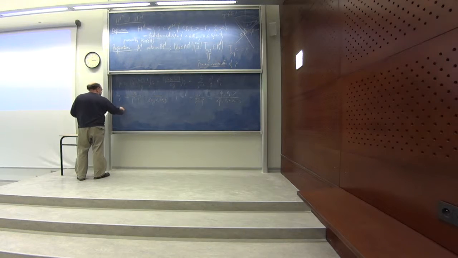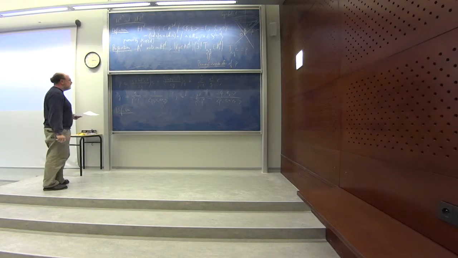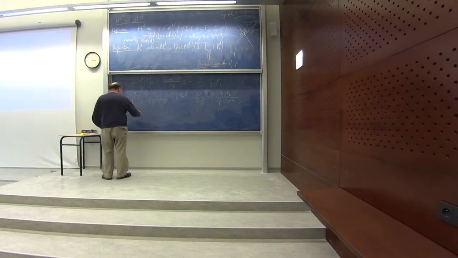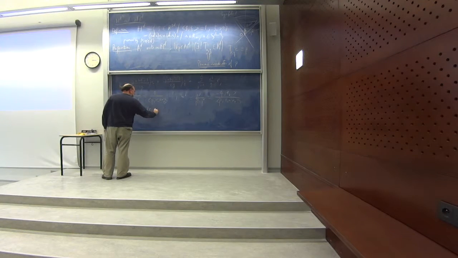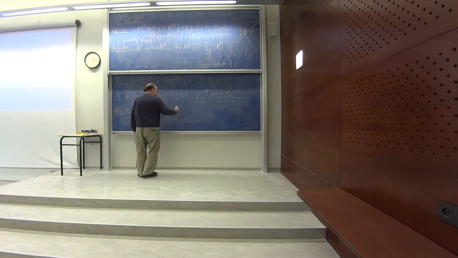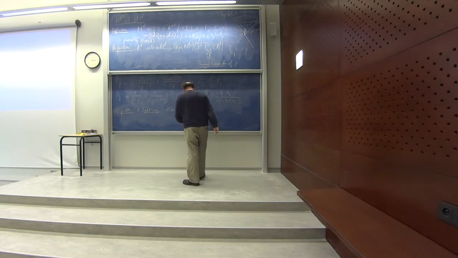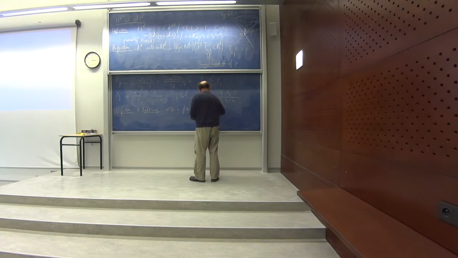Then I introduce light rays as the boundary. A light ray will be a future directed light-like direction.